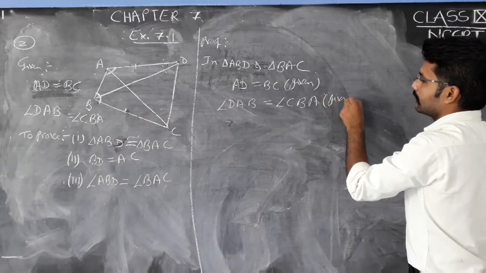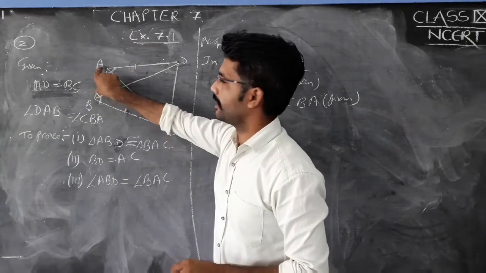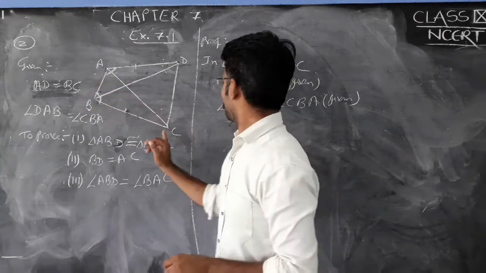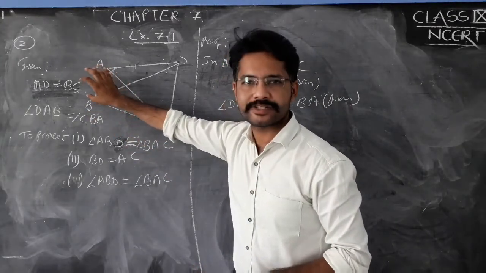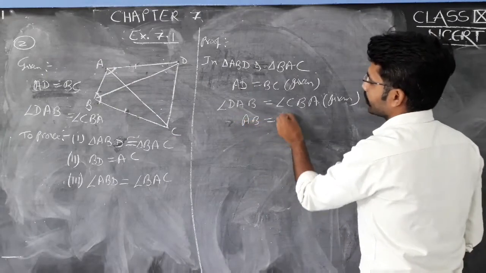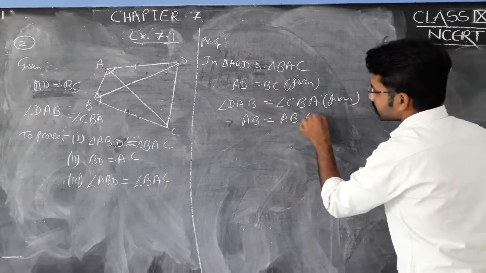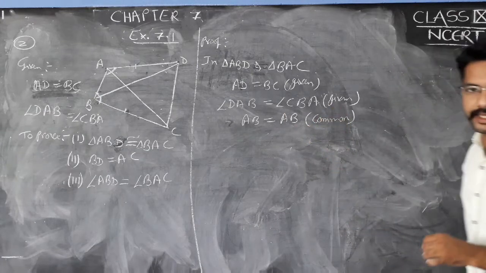Third thing, AB in triangle ABD, and AB is also in triangle BAC. So AB is common side. So we take AB equals AB. The reason we write here is common side.